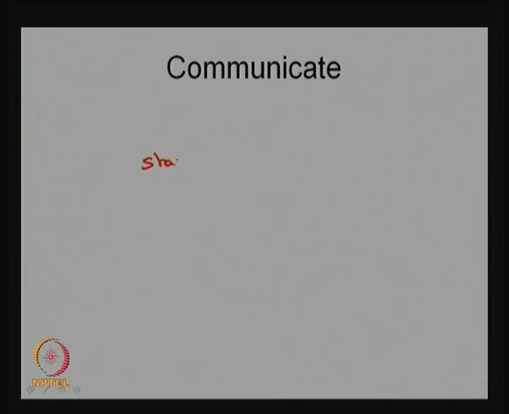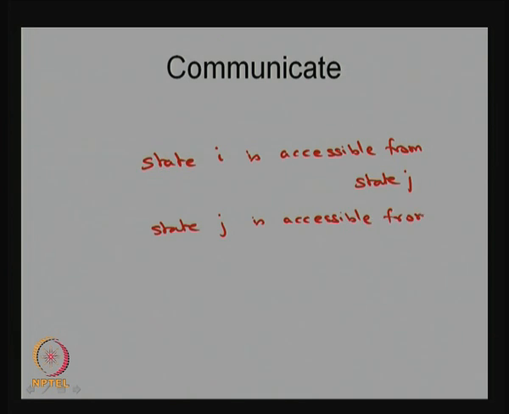Two states are said to communicate if the state i is accessible from the state j as well as the state j is accessible from state i.